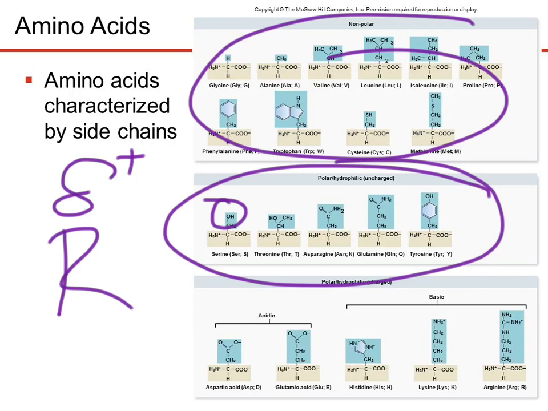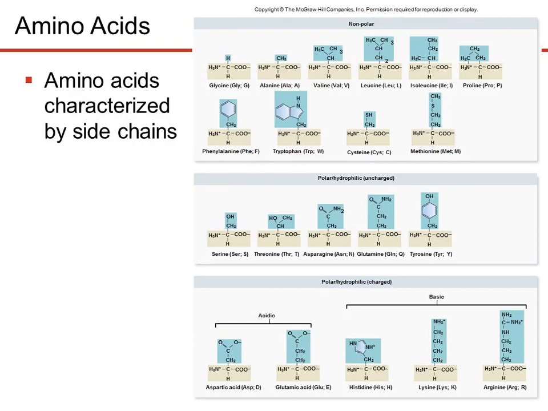Remember, oxygen always pulls the electrons toward it, so there's a little bit of a net negative charge there. Over here as well, and over here and here and here, you've got oxygen hanging out there. And again, that oxygen is going to pull the electrons toward it. It's going to have a tendency to have a net negative charge. And so even though it's not got a full charge, therefore we can call it uncharged, it is polar.